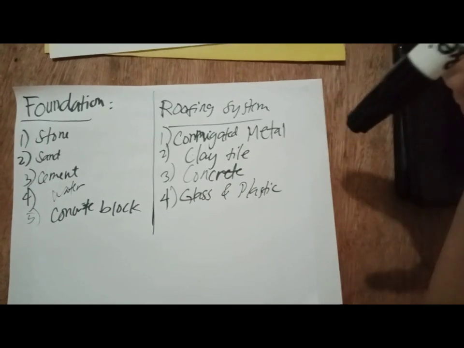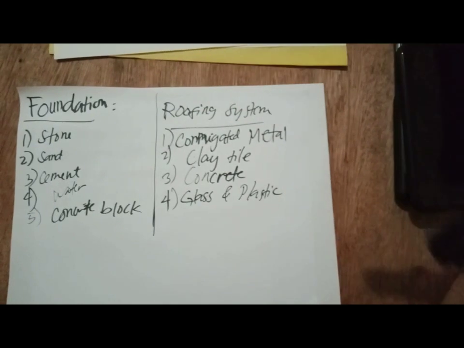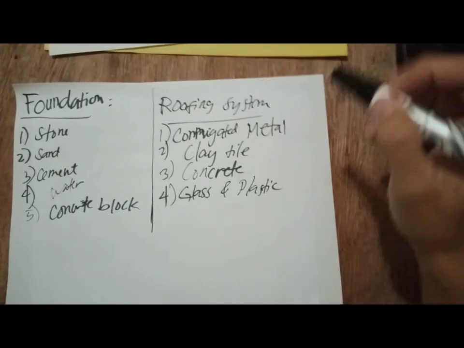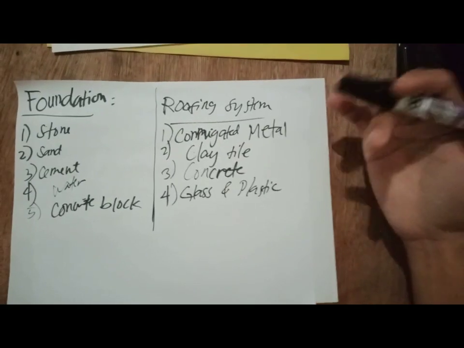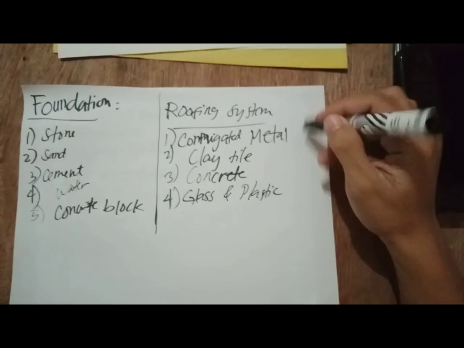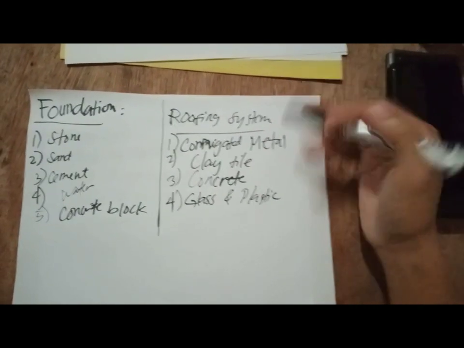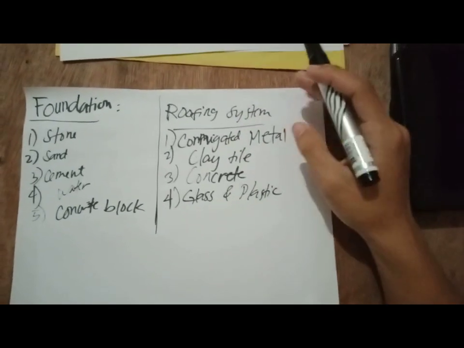So you will need more materials to adapt to the additional loads imposed by the concrete. So it is more expensive to construct a roof when you use concrete as an alternative to the corrugated metal or clay tiles. So that is the advantage and disadvantage of using this type of roof material.